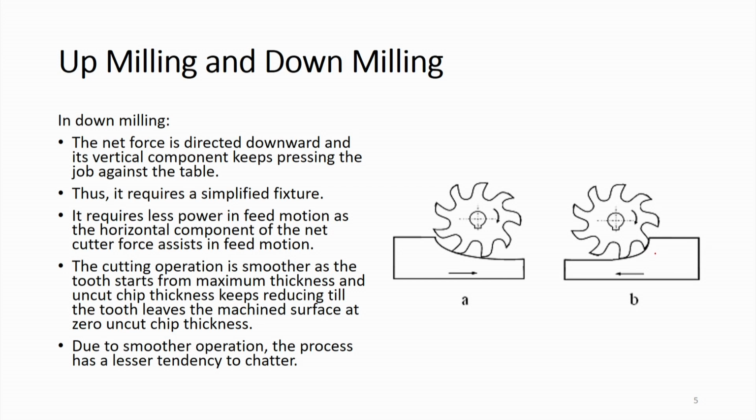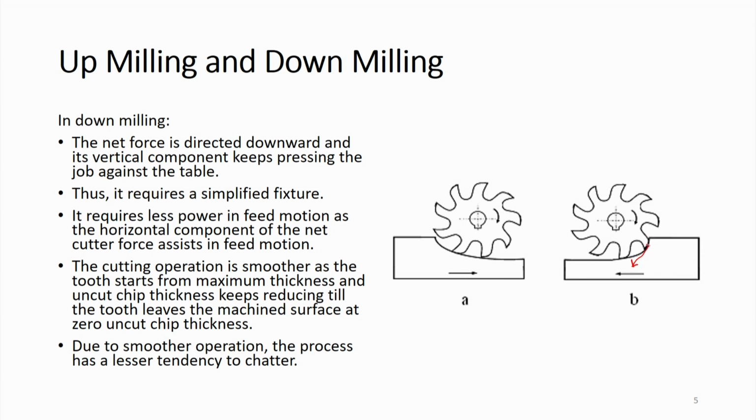Let us see, this is down milling, B is down milling. If we see that the job is moving like this, therefore there will be one motion in which it is cutting, and that means the cutting force on the job is going in this direction.